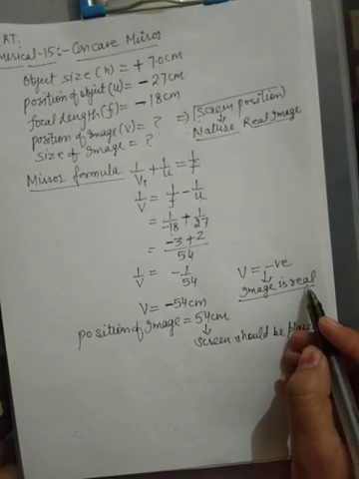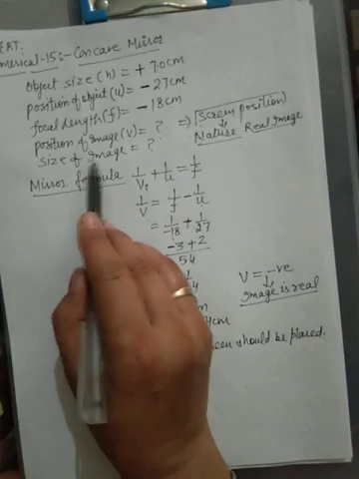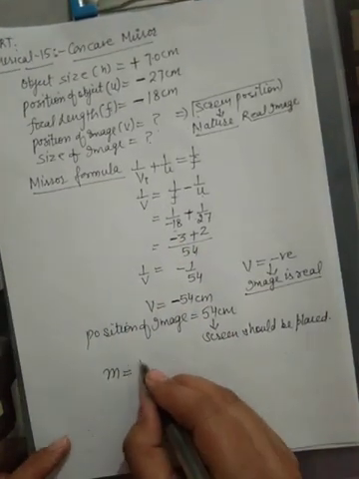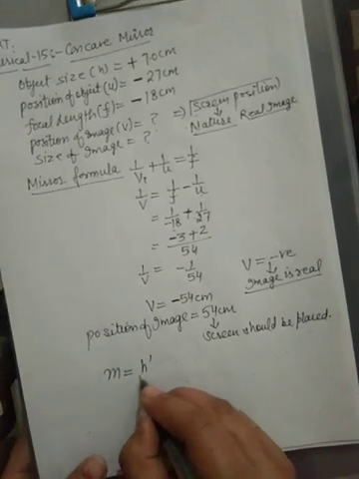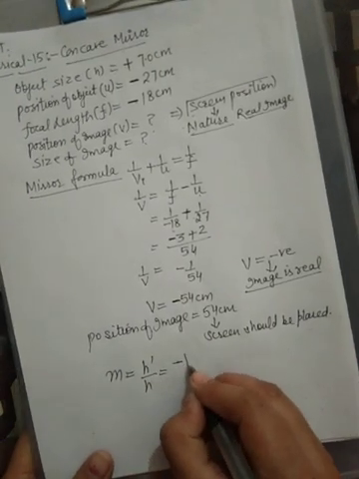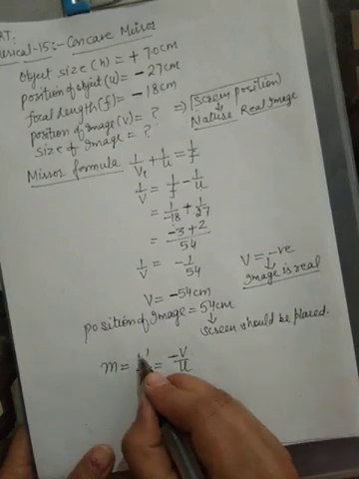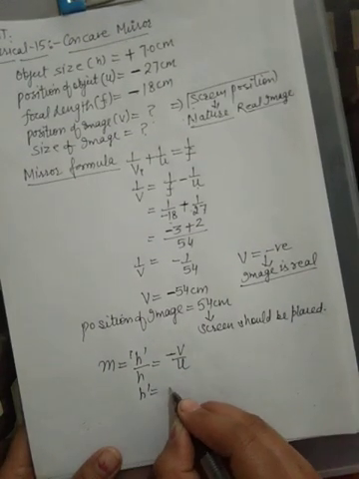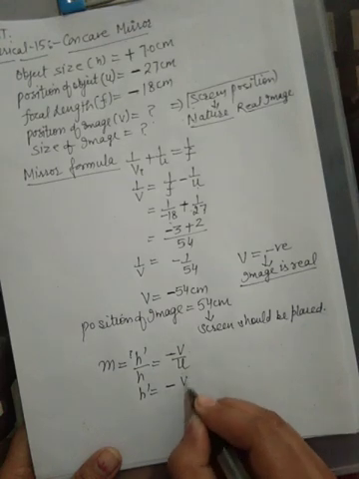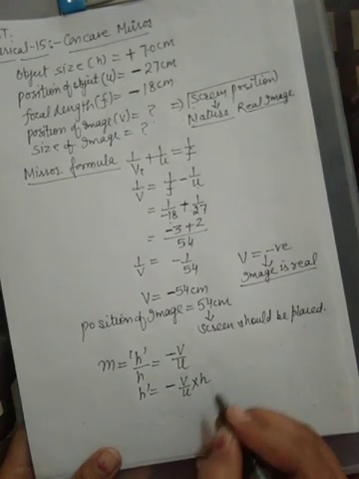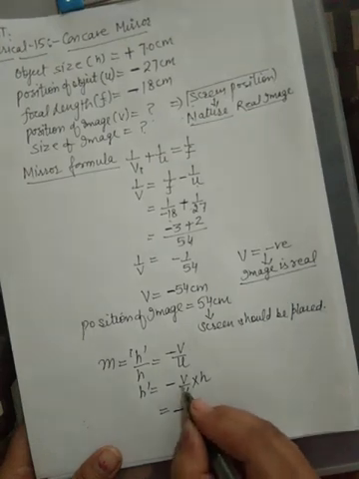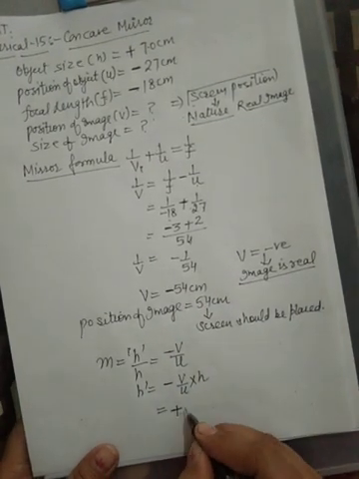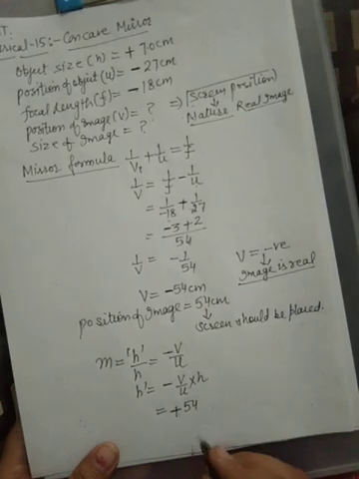Now we have to find out size of image. For size of image, formula for magnification is used, that is h dash upon h equals minus v upon u. This h dash is to be found out. So what will be h dash? That is equal to minus v upon u into h. What is v? V is minus 54. So minus minus 54.